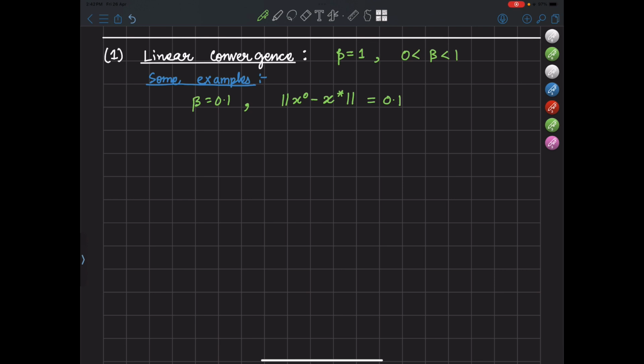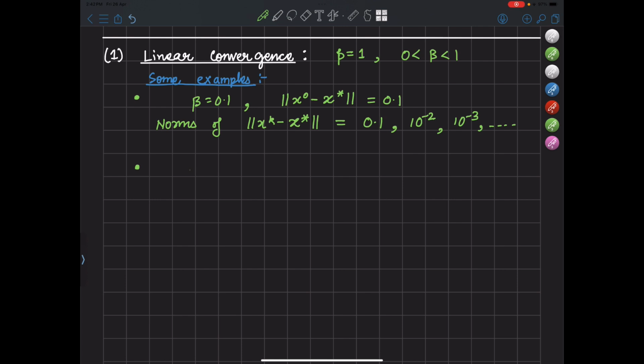Then how does the norm of xk minus x star evolve in each iteration? First it will be 0.1 when k is 0. When k is 1, it will be 0.01, which is 10 to the power minus 2. Then it will be 10 to the power minus 3, and so on. So it is getting reduced. Basically, over time, xk is coming closer and closer to x star.